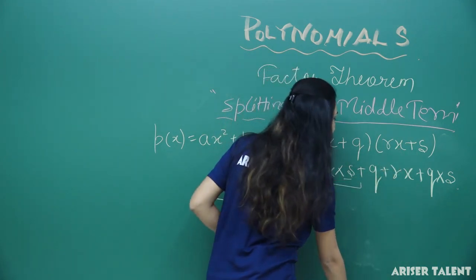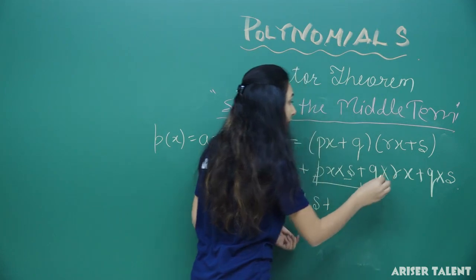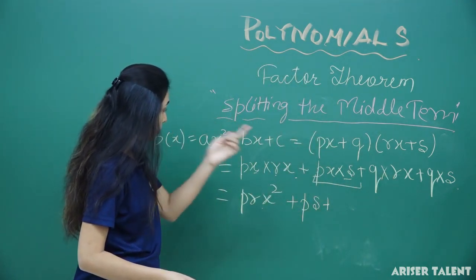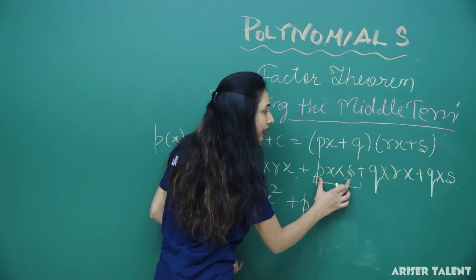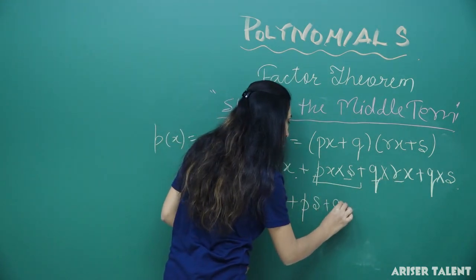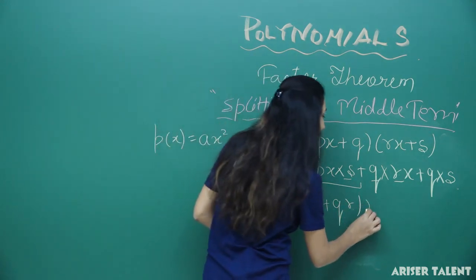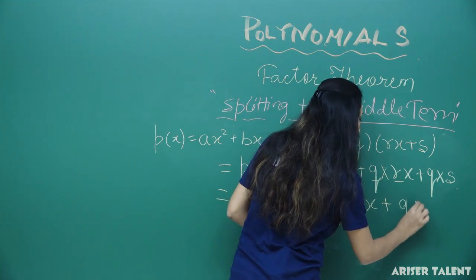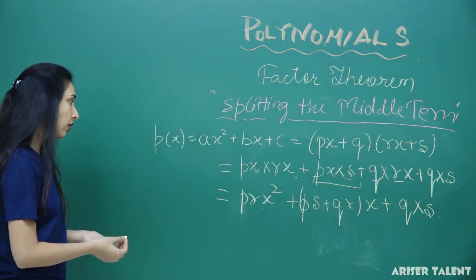This is basically a multiplication sign, it is multiplied by rx. So, that is ps here and here qr, so plus qr, multiplied by x, plus qs. You can write it in this way also.